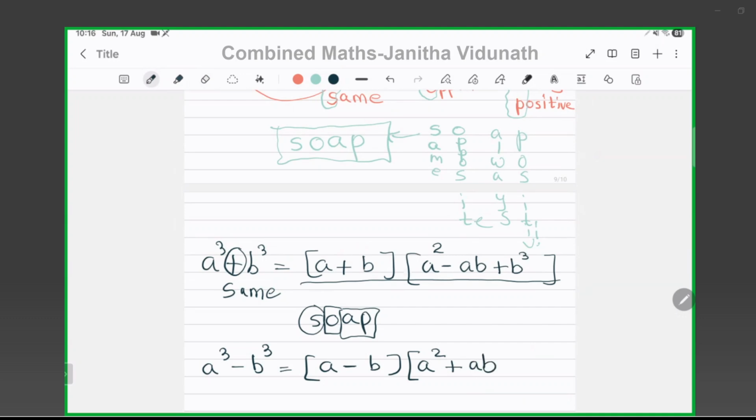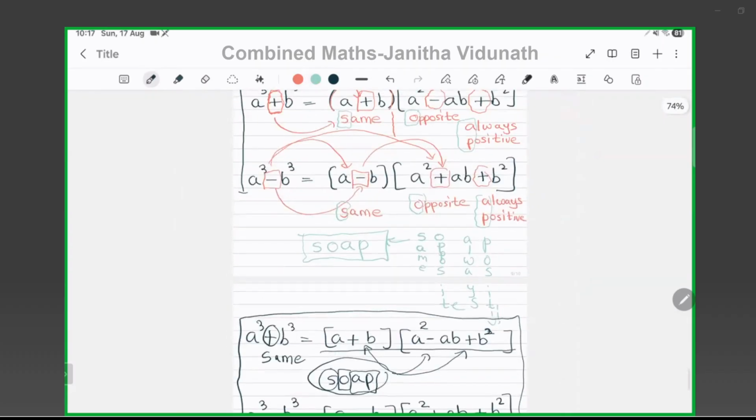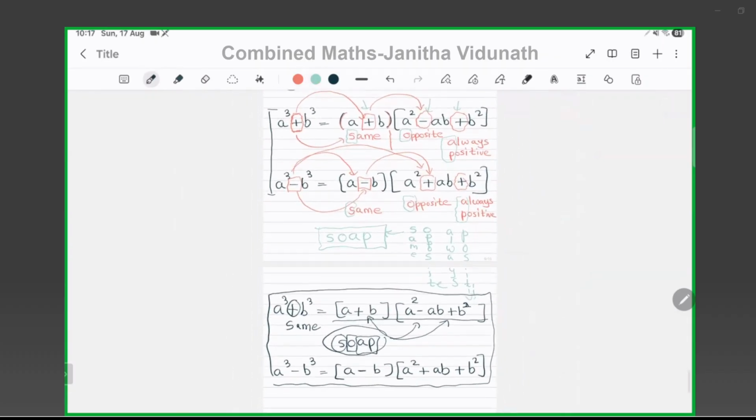Then my last sign is always positive. Okay. Now I think you can memorize this word and simply check all the signs between those terms. I will give 1 minute to write this down.